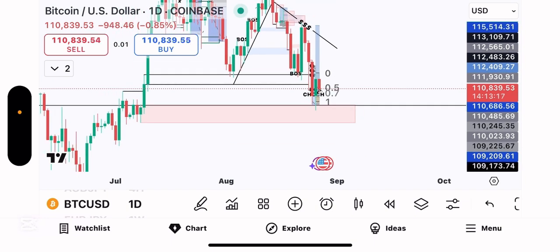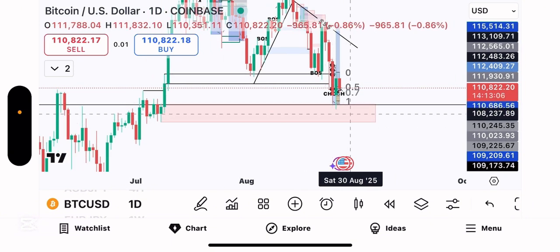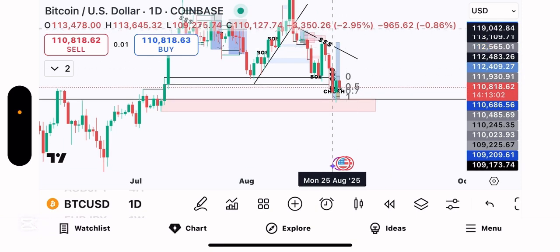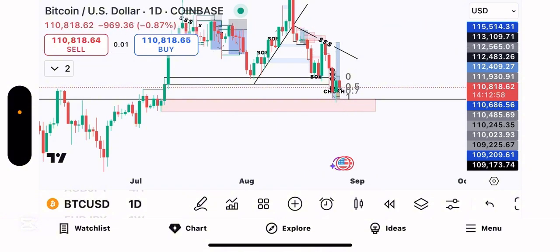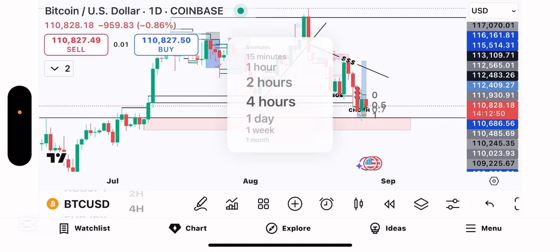This is the BTC USD on the daily time frame, and we identified that price has tapped into a key area right here, and we are expecting a reaction. That's a buy, for price to sweep the resting liquidity above these highs. After identifying this, we are now looking for a way to enter the market.